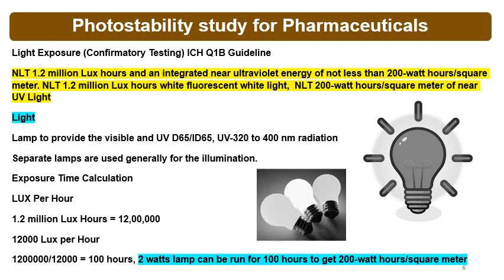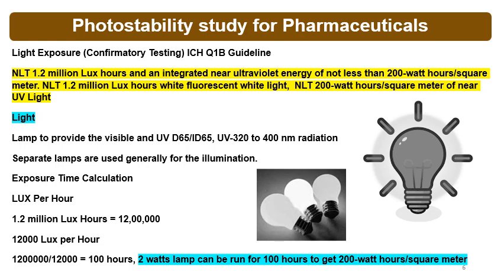Separate lamps can be used generally for the illumination, and the exposure time calculation is required so that you can calculate the hours of exposure. For example, the lux per hour calculation is required. If the light source gives 12,000 lux per hour, then you will require 100 hours to get the illumination of 1.2 million lux hours.